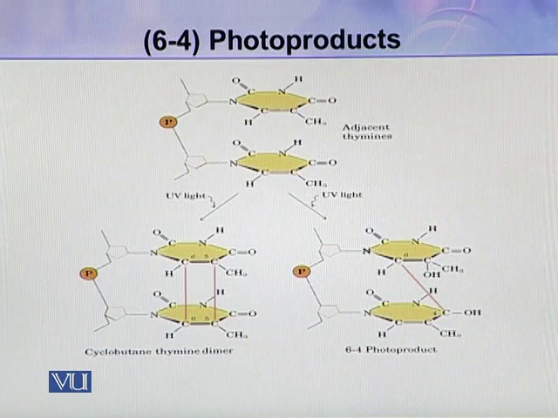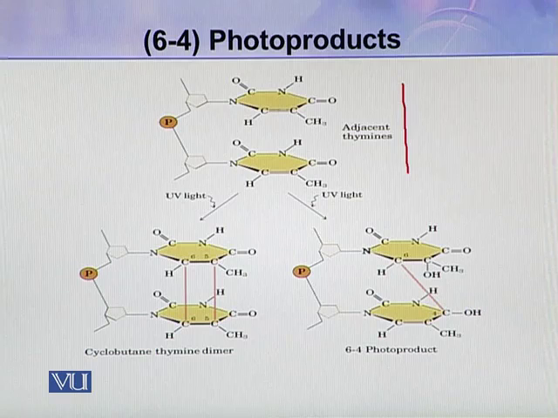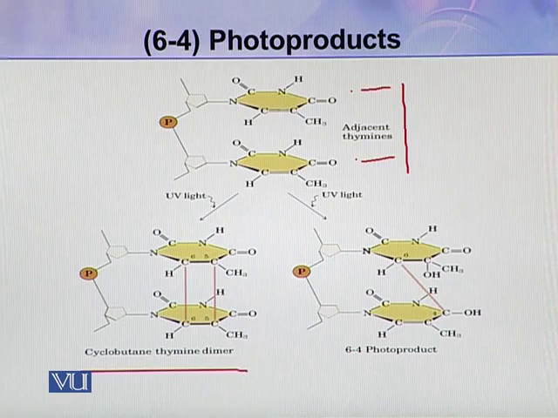So here you can see this is normal DNA and 2 thymines are present adjacent to each other. So UV can damage this DNA in 2 ways. One is the cyclobutane thymine dimer formation, and secondly through 6,4 photoproduct formation.